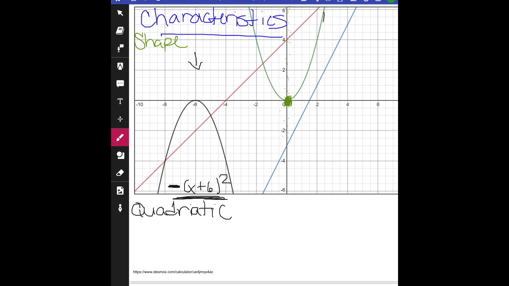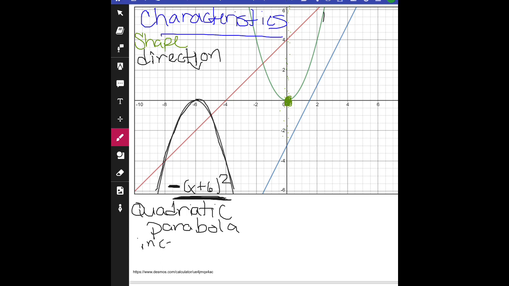Also, this positive 6, remember, inside change is opposite, so it's going to go backwards 6. So it shifts everything from positive to negative, and then it shifts that 6 over backwards. So the shape of the graph is still a parabola. The direction: this graph is going to increase and then it's going to decrease.